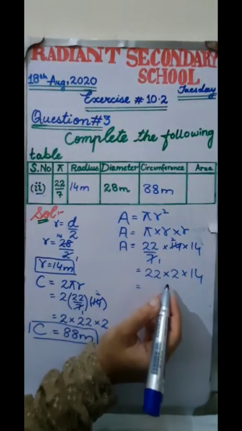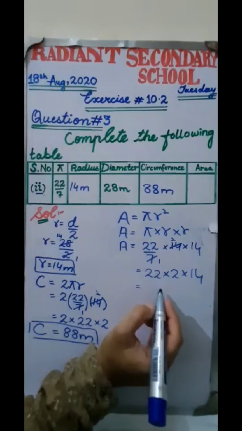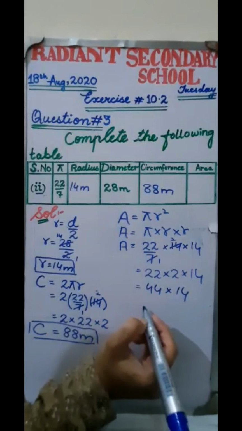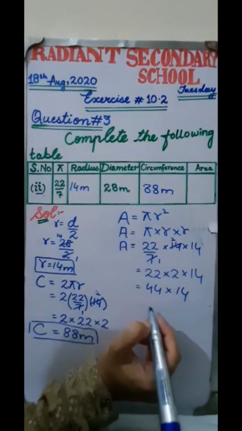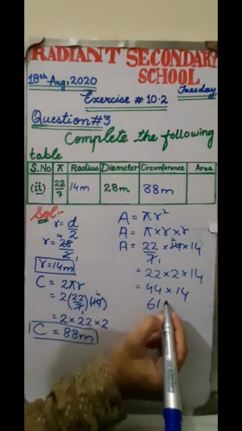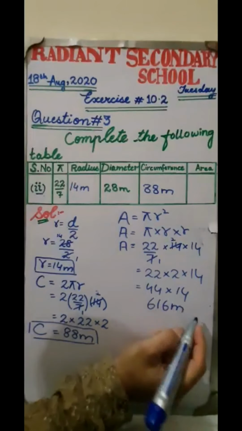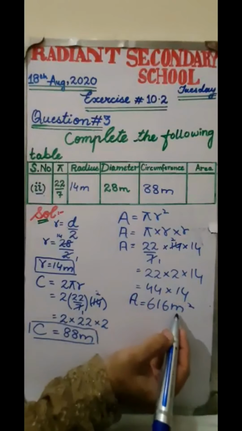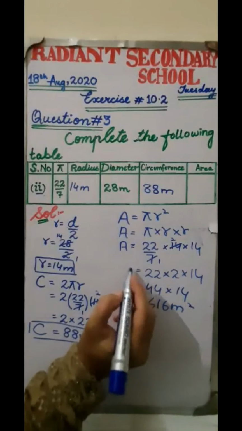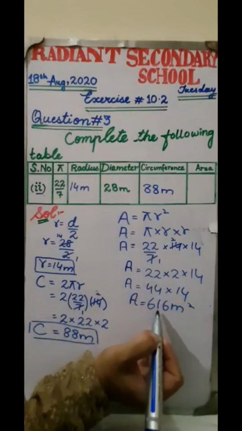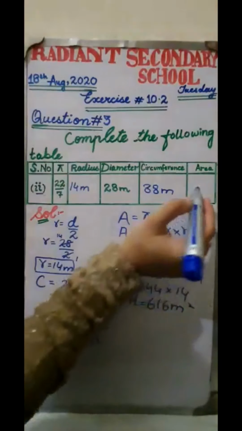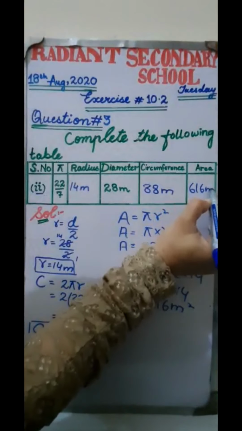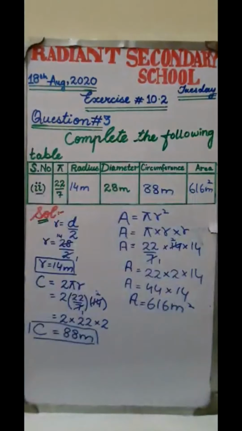Now 22 twos are 44, multiplied by 14. 44 multiplied by 14 will become 616 meter square, because we have found area, that's why we have to mention the unit here. Area is 616 meter square. So you have to write here 616 meter square.